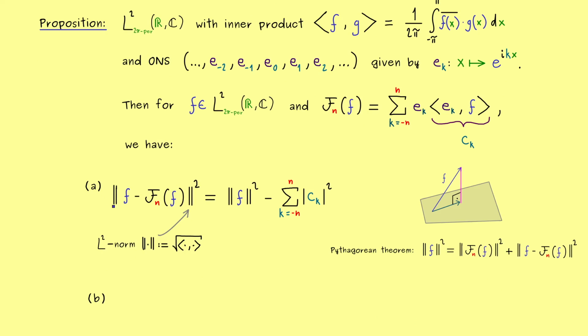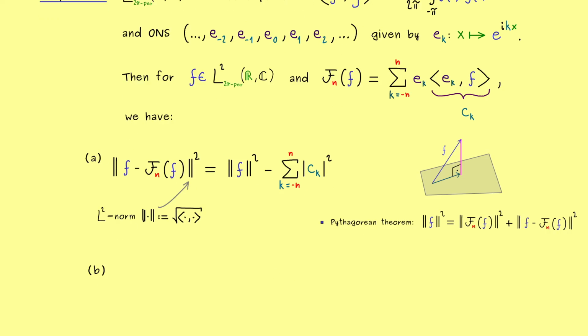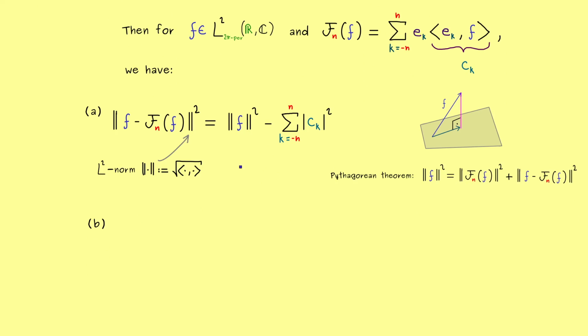Okay, now we have that, and now we know if we want to have a nice limit process in the end, we want that the right hand side here gets smaller and smaller if n increases. In other words, the sum over the ck squared here should get closer and closer to the norm of f squared. However, before we can say that, we can definitely state first that this sum is less or equal than the norm of f squared.